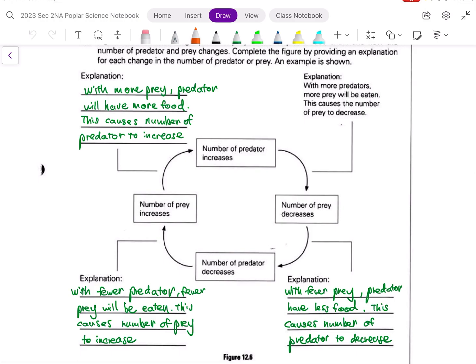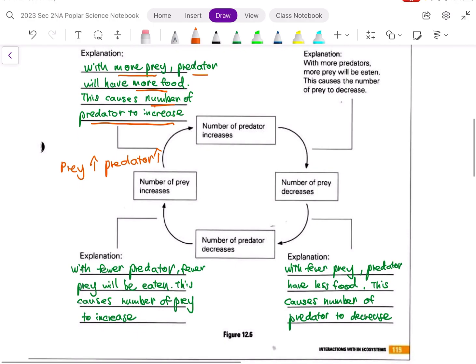What happens if the number of prey increases? Normally when the prey increase, the predator will have more food, so it will increase as well. With more prey, predators have more food, and the number of predators will increase accordingly.